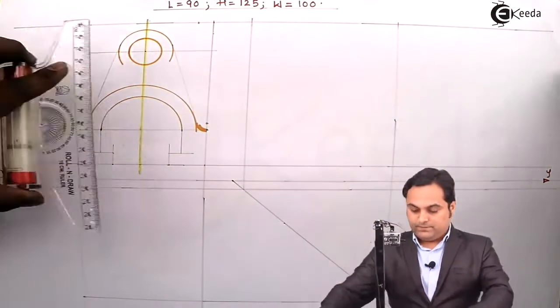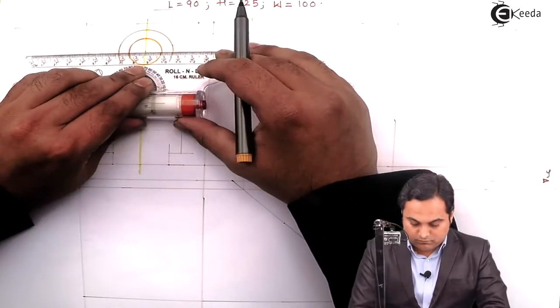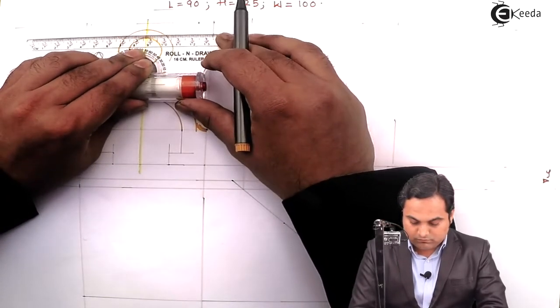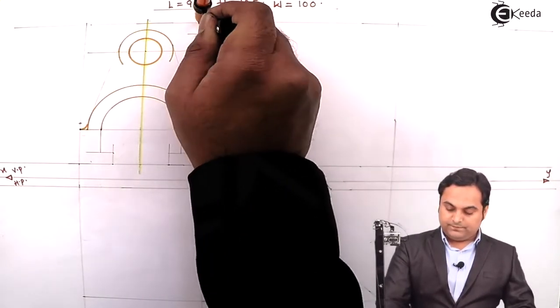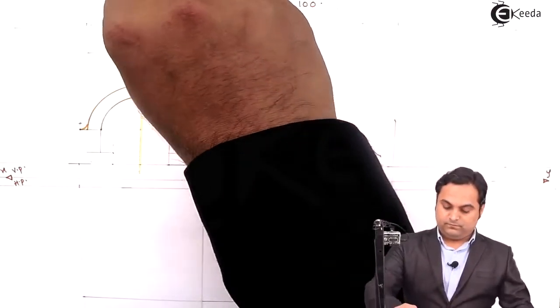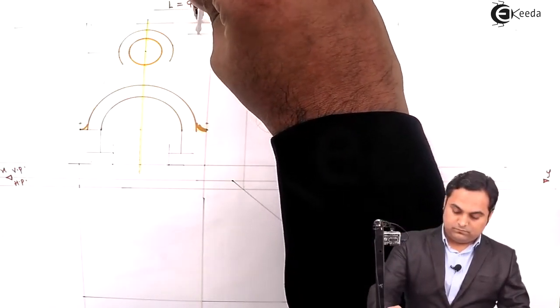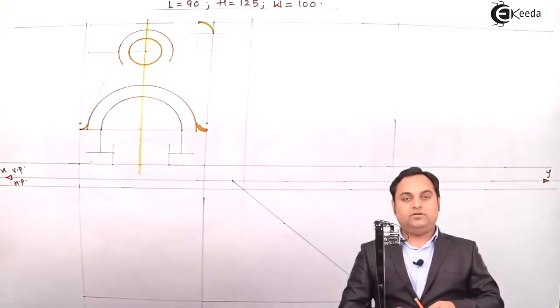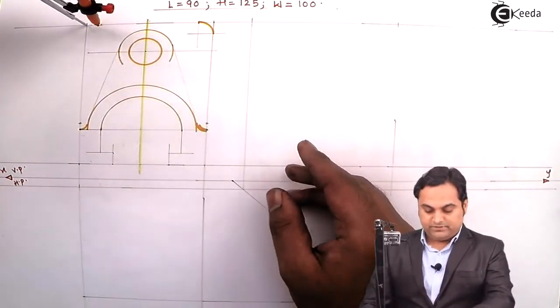Cutting here. Getting this center. Similarly on the other side, I'll take the same radius.